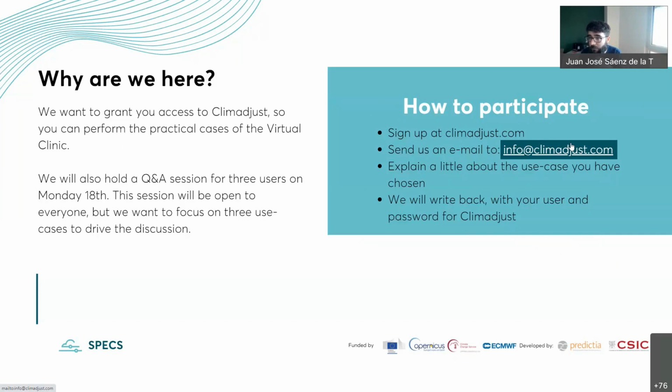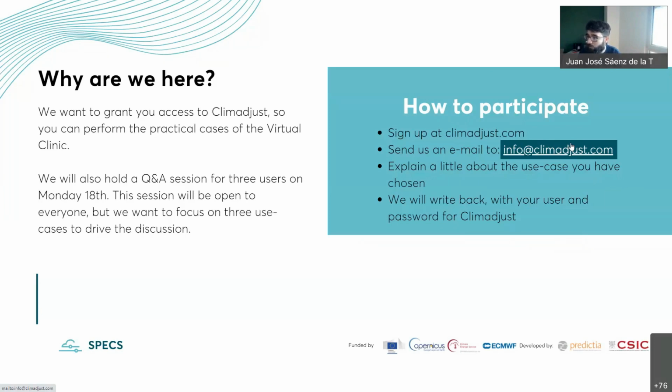You make a free profile. And the free profile that we offer on climadjust.com is a little bit limited. So for example, you have no access to API access or to validation. So you have to send us an email to info@climadjust.com saying, okay, I'm working at the clinic, I come from the IS-ENES clinic, this is my use case, what I want to do.